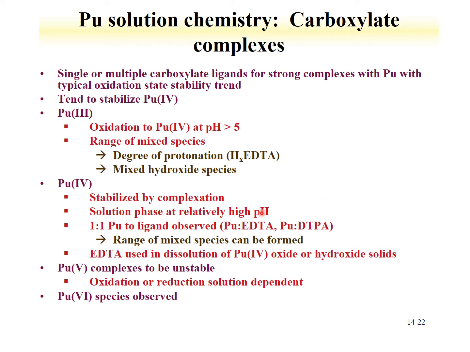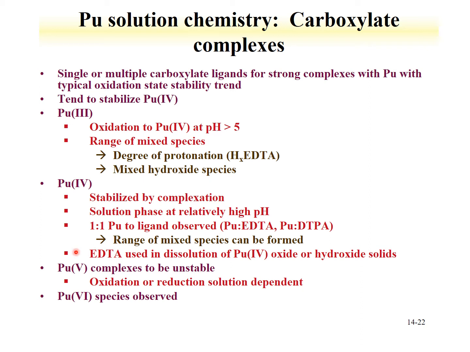So for instance, ethylenediaminetetraacetic acid or diethylenetriaminepentaacetic acid form 1-to-1 ligand to metal complexes with plutonium. There's a range of mixed species that can be observed, for instance, plutonium with a hydroxide and a DTPA. And these ligands, EDTA, DTPA, citric acid, other carboxylic based organic acids, can be used for the dissolution of plutonium oxides or hydroxides.